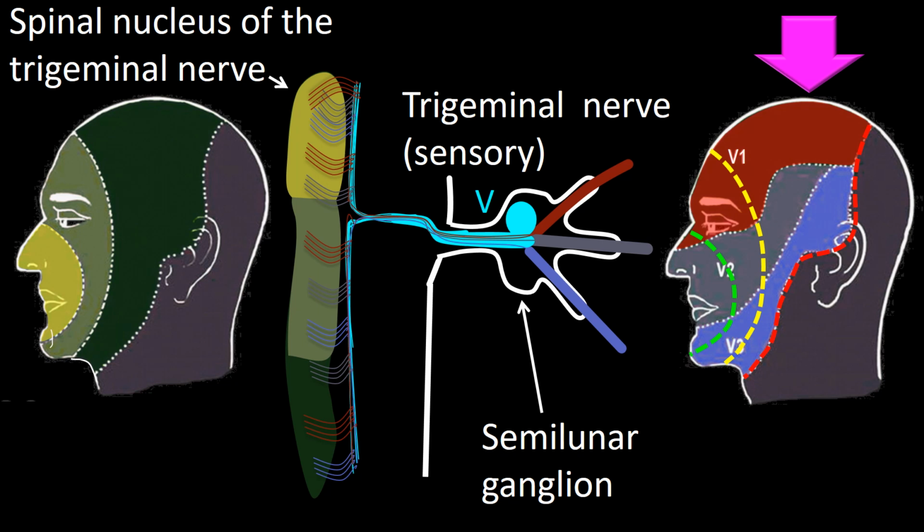Now notice the interrupted lines just added, indicating the boundaries of the nuclear territories superimposed on the representation of the trigeminal nerve branch territories. Hence, nuclear lesion usually affects all three trigeminal nerve territories, where branch lesions are restricted to the branch affected.